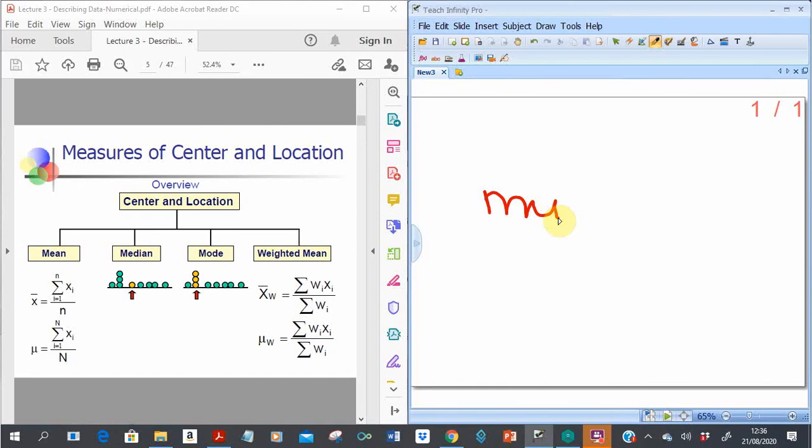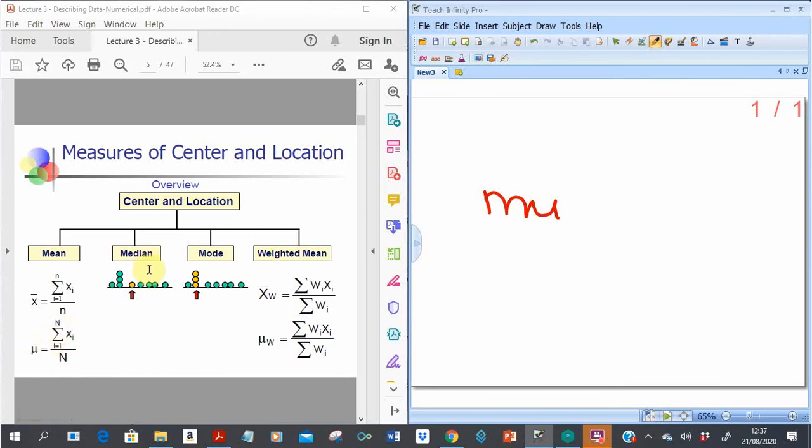So the average, or the mean, is obtained by summing all the values that you have and dividing by the total number in the data set. Small n tells you that it is a sample size, and the capital N shows that it's the population size. So here you're dealing with the population mean, and it is denoted by mu.